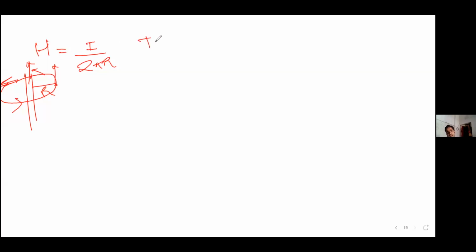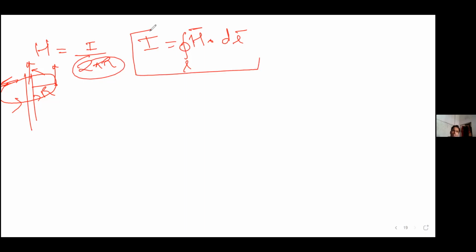So how can I define current in terms of the magnetic field? The current will be the closed line integral of H bar dot dl. So I can also define I as the line integral of H bar.